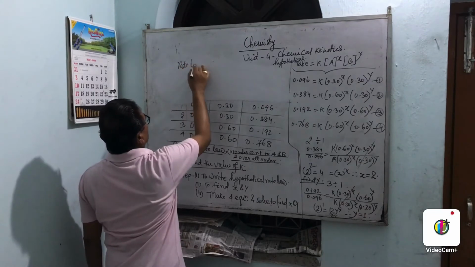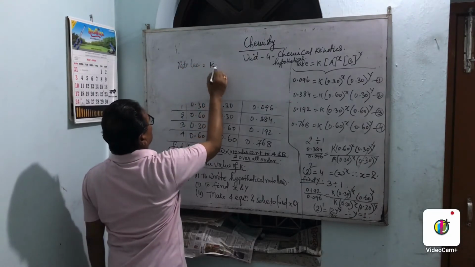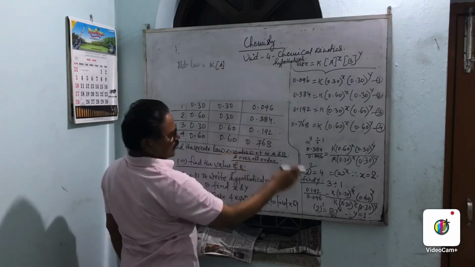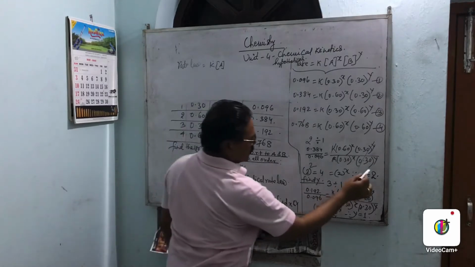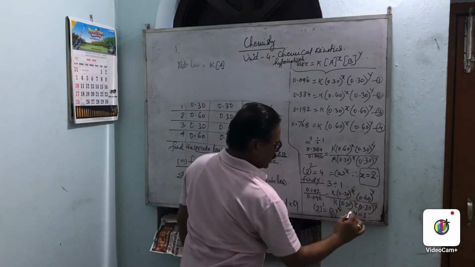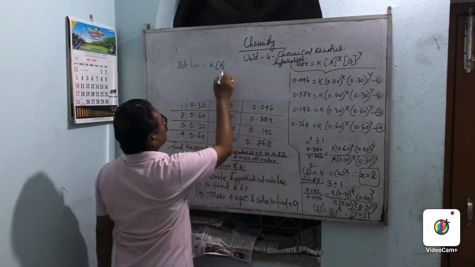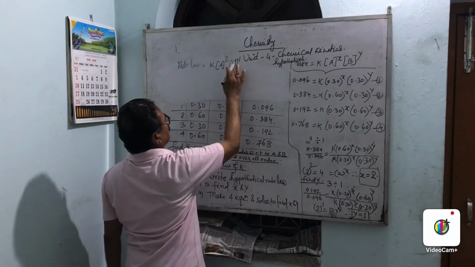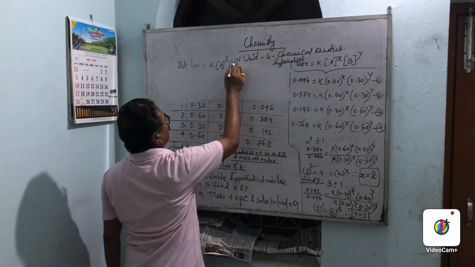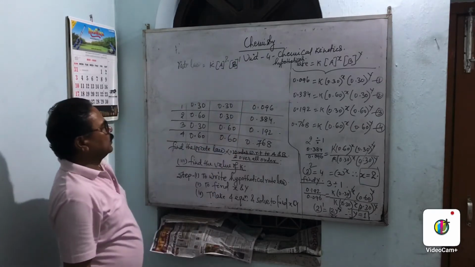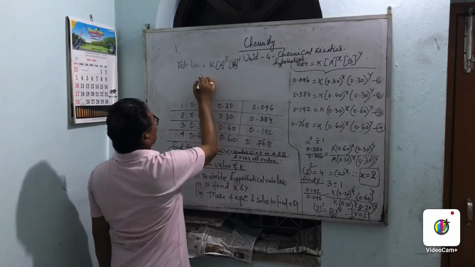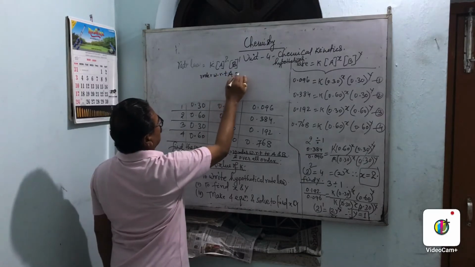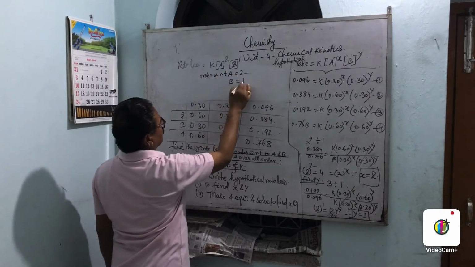So the rate law is written as K, this A that is reaction A. What was X? This X comes to be 2, and this Y comes to be 1. So 2, and this Y for B is 1. So this is the true rate of the reaction, that is 2 and 1. So the order with respect to A is 2, and with respect to B is 1.